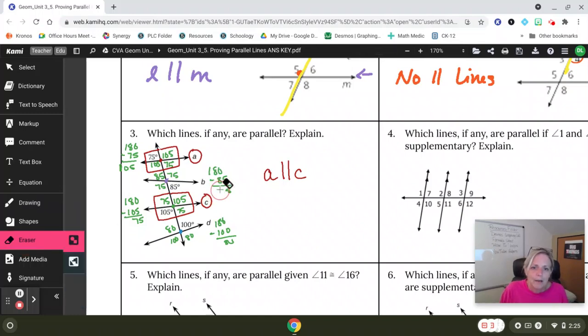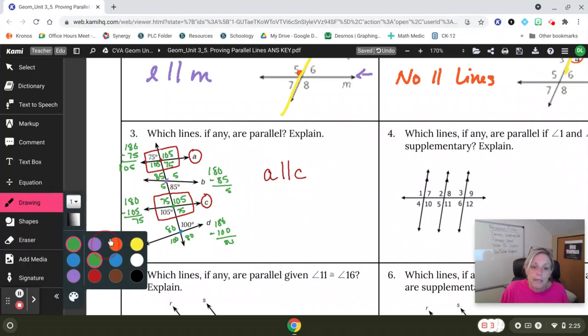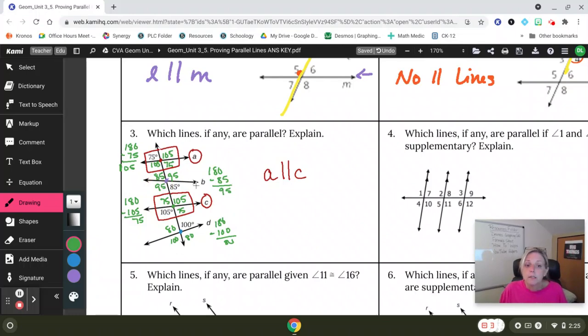Yes. These should be 95. And so that actually, having my work up there actually helped me find my mistake. So I could go back and correct that. And then you'll notice line B and line D have a completely different pattern. So they are not parallel to each other at all. So the only answer for this one would be A would be parallel to C.